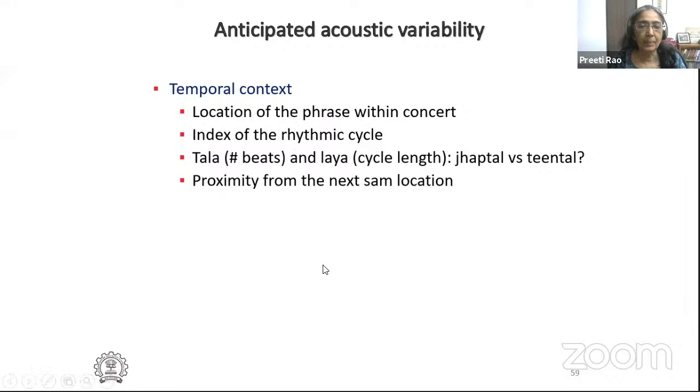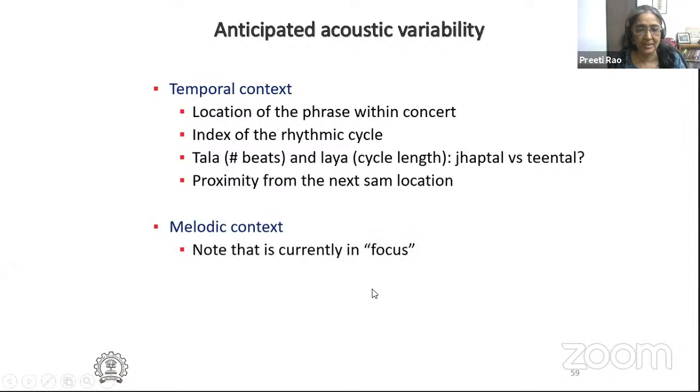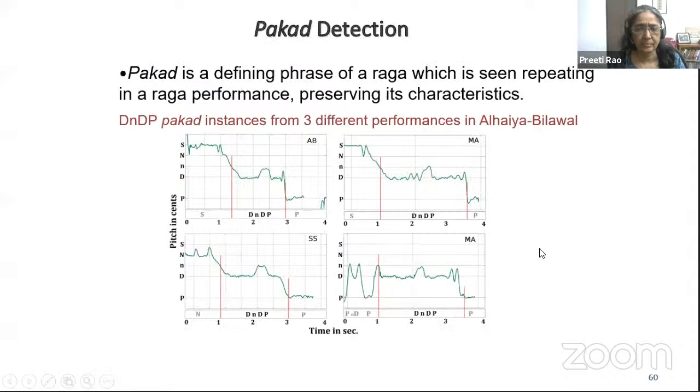And these come about because as the artist sings, there's a lot of context variation around that phrase, such as the tempo changing in the course of the concert, and all of these affect the shape. So identifying the shape and using the shape to discriminate between ragas is not without its challenges, because of all the other influences on the phrase shape due to the context in which it is sung.